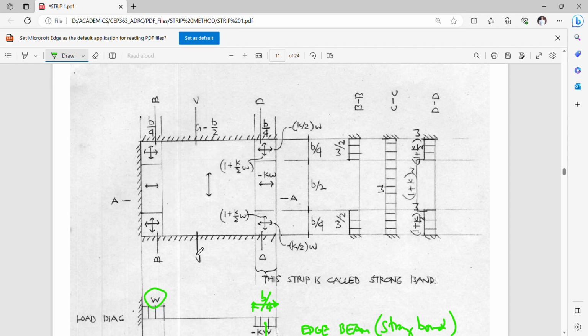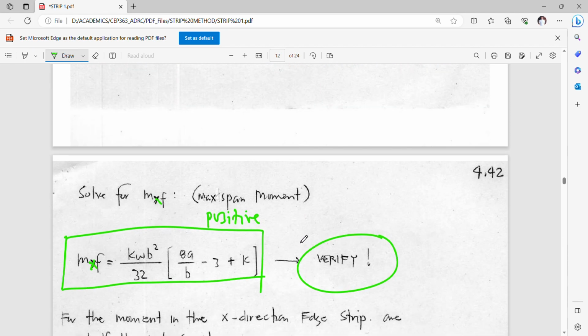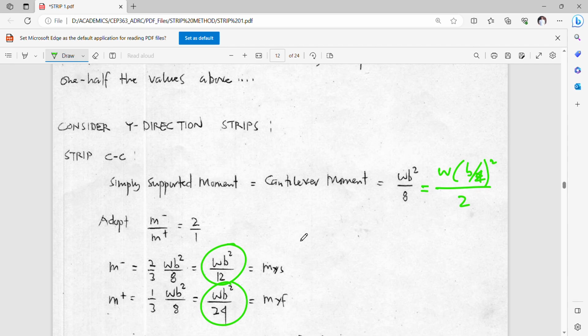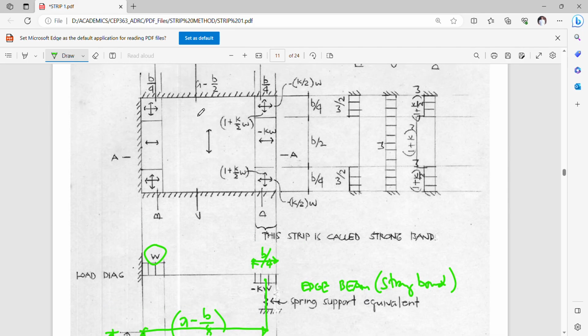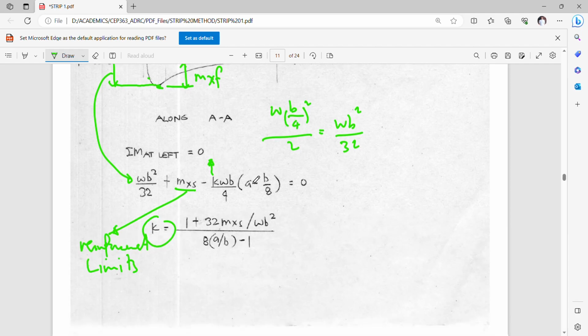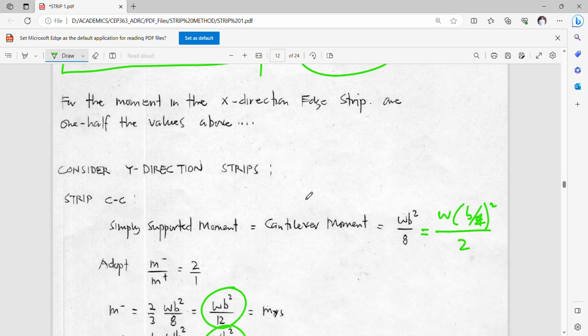Okay, so this strip CC has a B over 4, P over 2. This is fully loaded, P over 2. So for a fully loaded span, your X is P over 2.